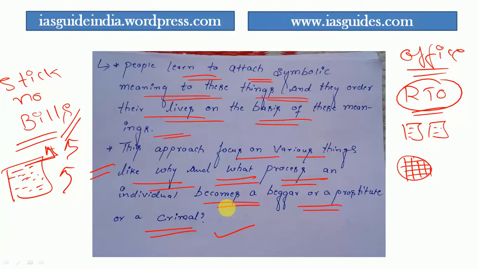And also we can give other examples, like how a person learns to smoke. Definitely he will think. You ask any person who is a smoker, chain smoker or otherwise, why did you learn smoking?